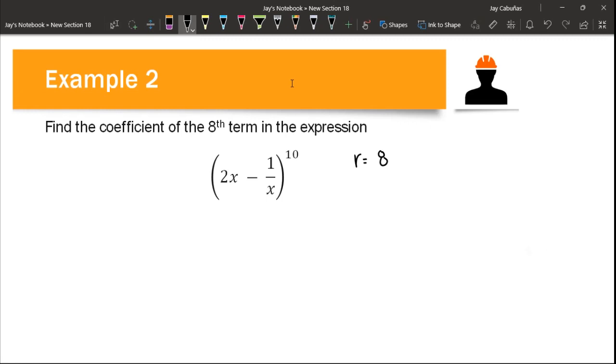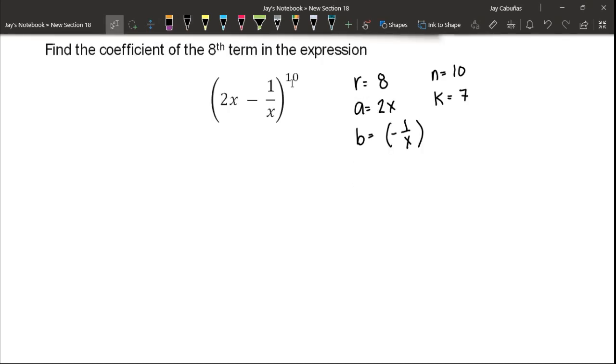Same as with our first problem, our a here is equal to 2x, our b is equal to negative 1 over x, and our n here is equal to 10. So our k here is r minus 1, that would give us 7. So from our rule, n c k, then we have a raised to n minus k, b raised to k.